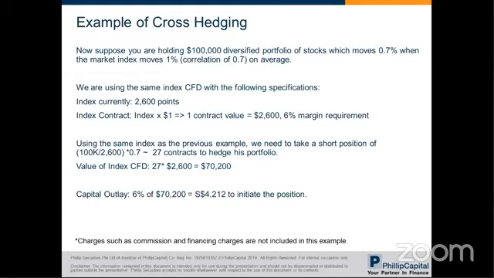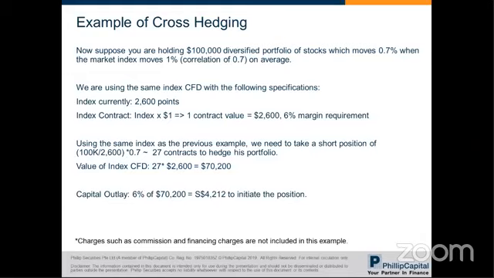If you want to protect your portfolio, based on the information you have, your portfolio moves about 70% of the market index. So we can take fewer contracts to protect your portfolio. We take a short position of this index CFD, about 0.7 of the contract size, which takes approximately 27 contracts to hedge the position.